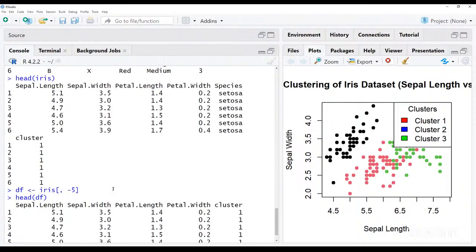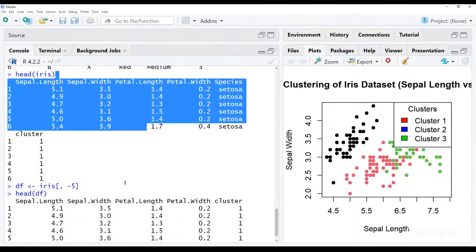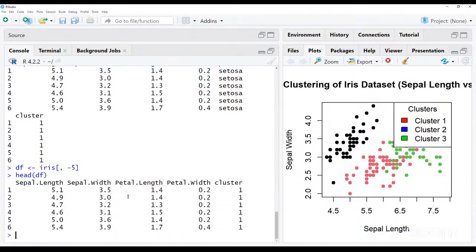Okay, so here you can find that the fifth column is not there. We have removed it. So iris is the data frame, box bracket, comma.